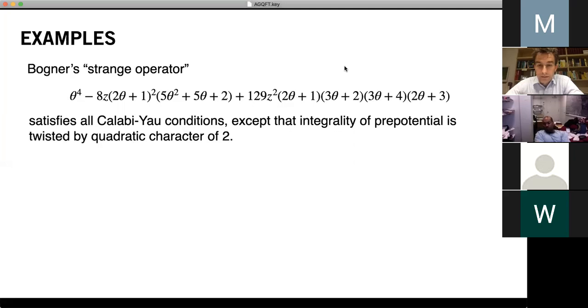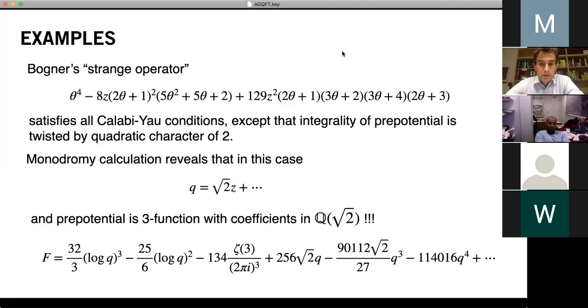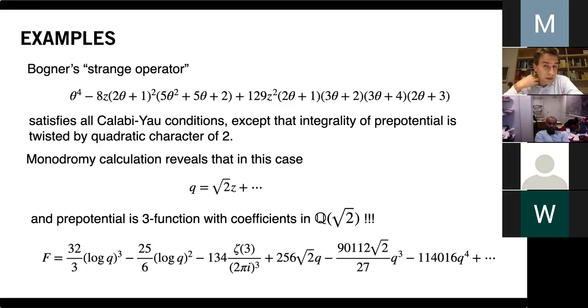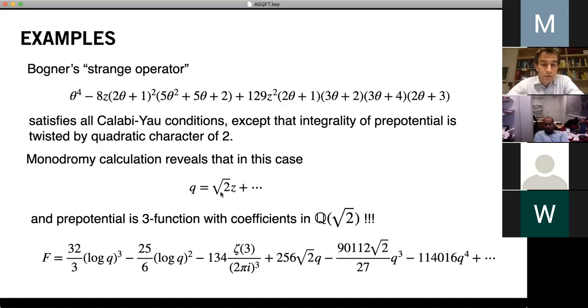Okay, so that is precisely the statement of being a Z function with coefficients in Q adjoint square root of 2. And in fact, you can discover the square root of 2 by fixing these integration constants.